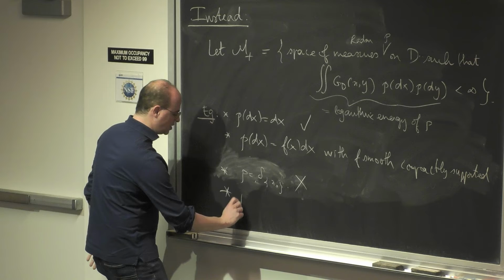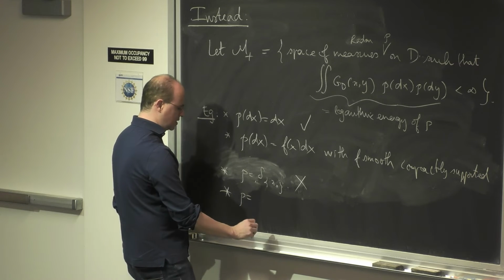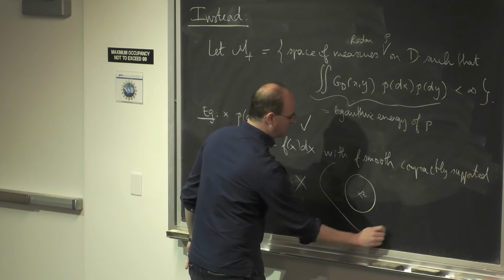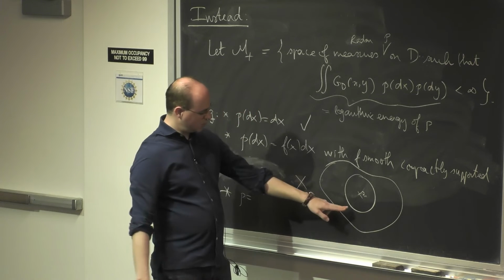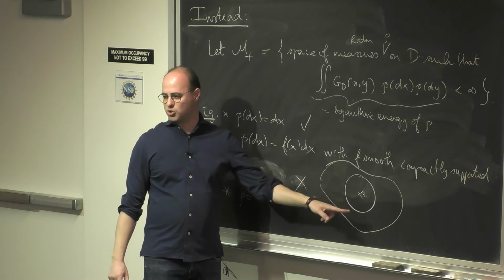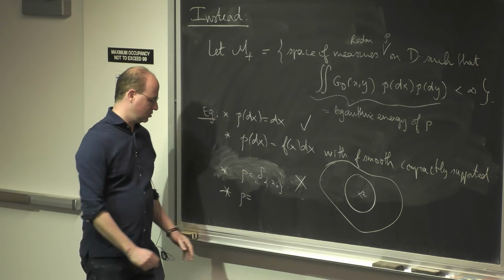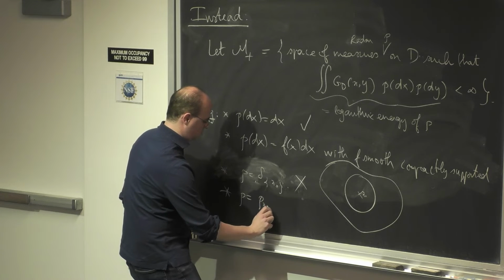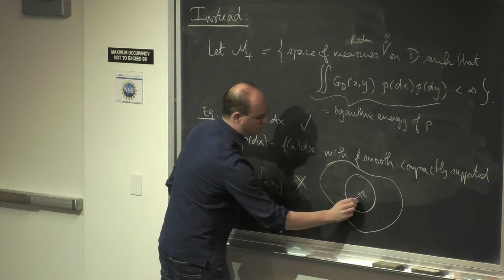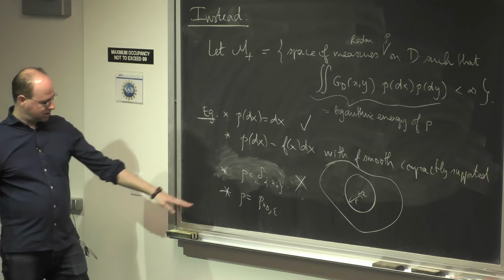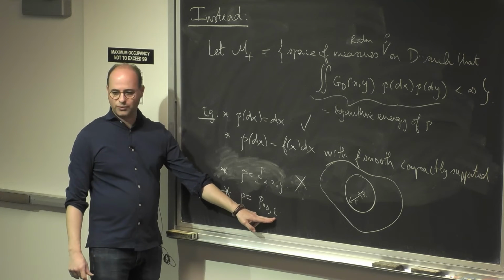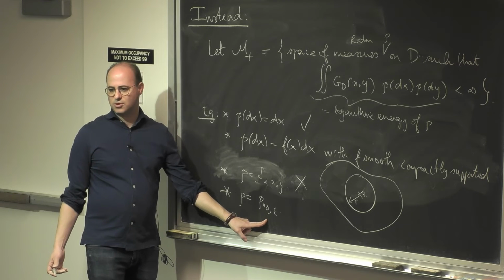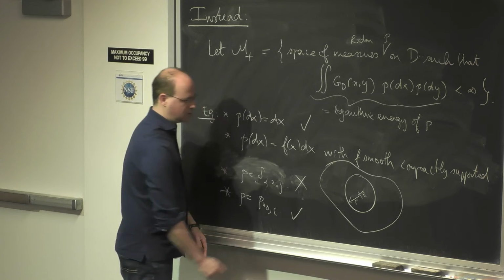For instance, let's take a circle. Here's the point x0, here's my domain. Let's take a circle around x0 and consider the uniform distribution on this circle. Okay, so we have here some epsilon, and this is the uniform distribution on a circle of radius epsilon around x0. I claim this is in M plus.